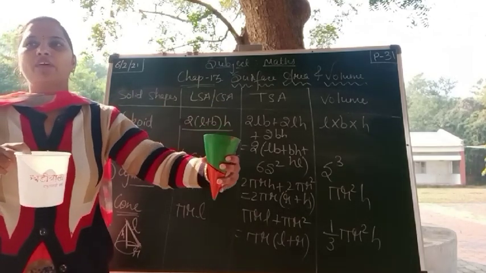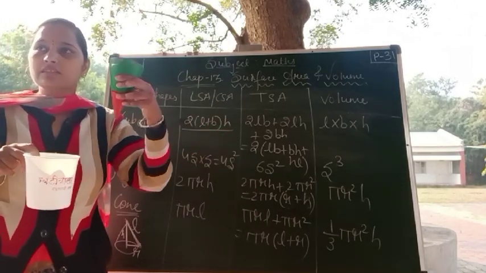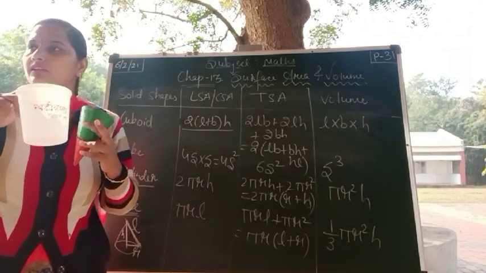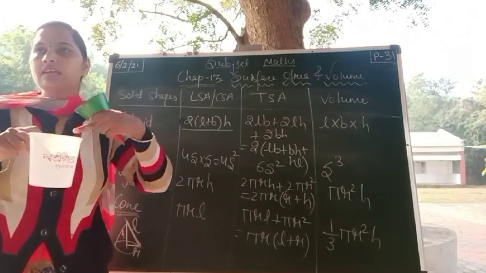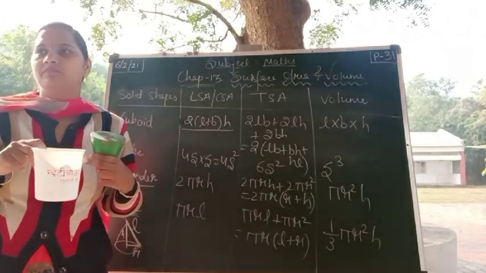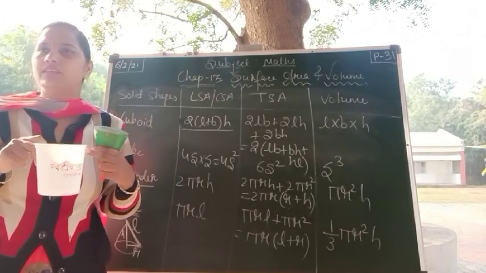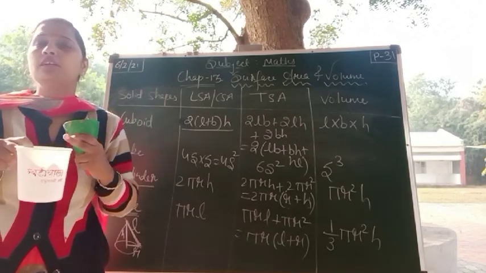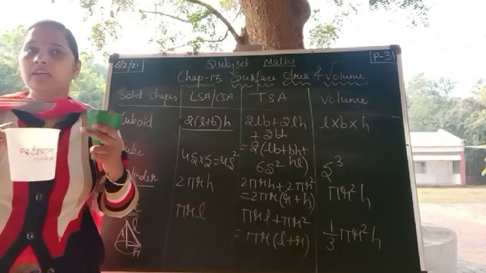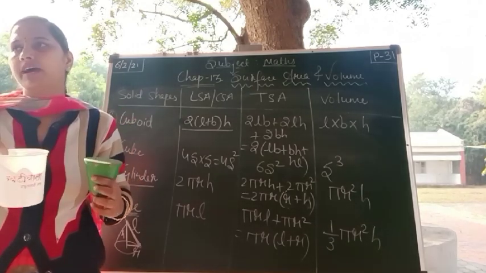Now the third time, if I take the water in the cone and pour it in the cylinder, the cylinder will be filled to the brim. So I have to take 3 cones of water to fill one cylinder, both having the same heights.